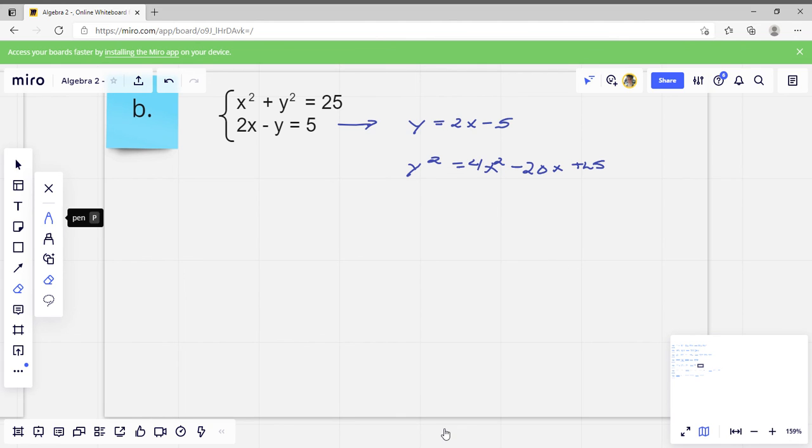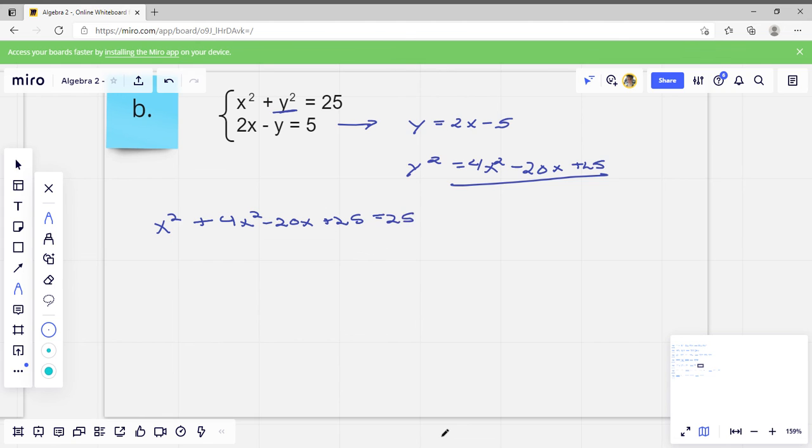So we write that equation, x squared plus 4x squared minus 20x plus 25 equals 25. We put like terms together, so we get 5x squared, and then we subtract 25 from both sides. So we can bring down the minus 20x equals 0.